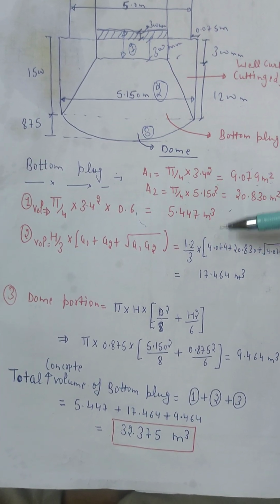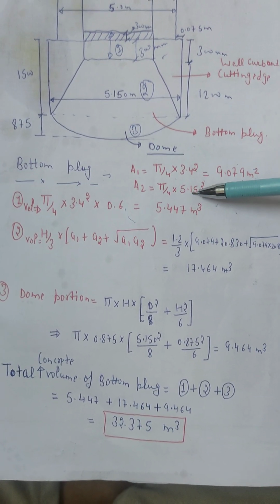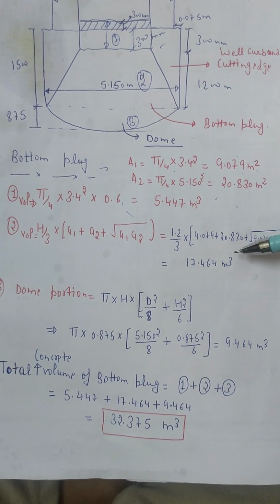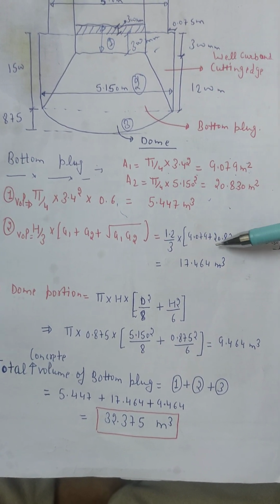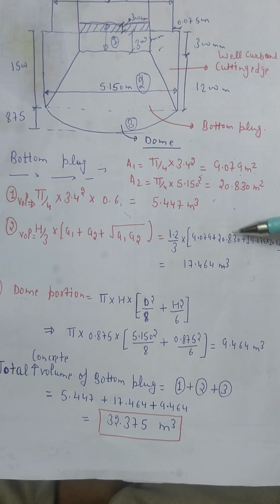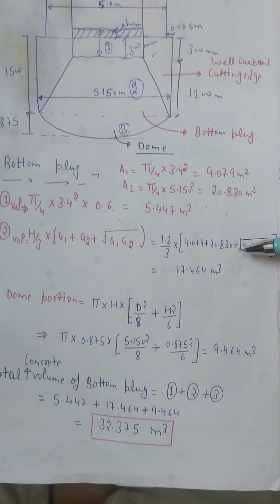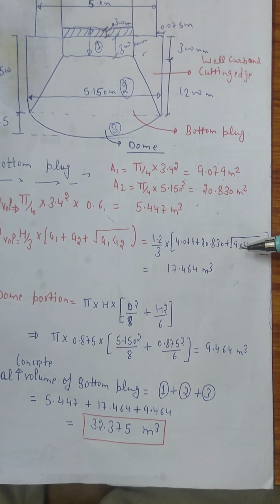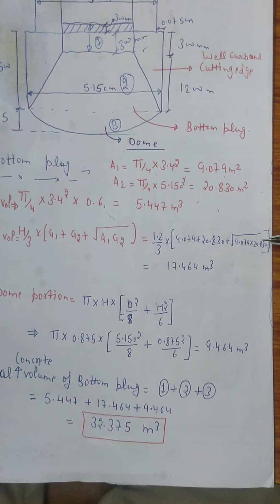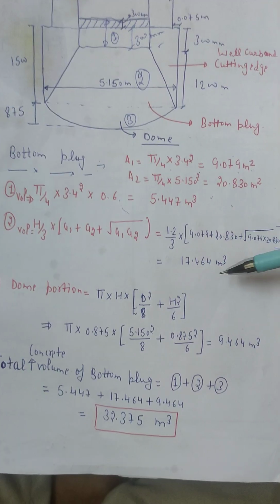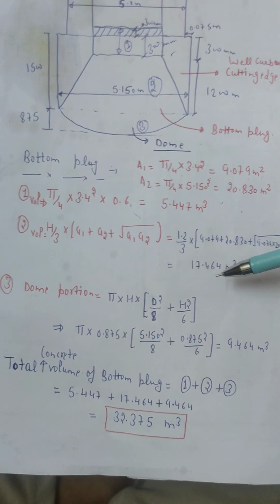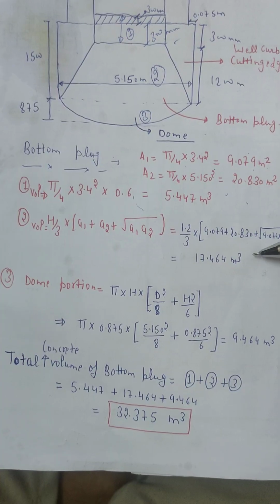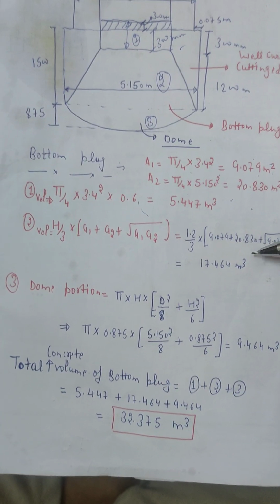Then base dia area a2 is pi by 4 into 5.15 square, which will come around 20.83 meter square. So we put 9.079 plus 20.83 plus square root of 9.079 into 20.83, and multiply by 1.2 by 3. Now we get a value of around 17.464 meter cube, the volume of the second part.